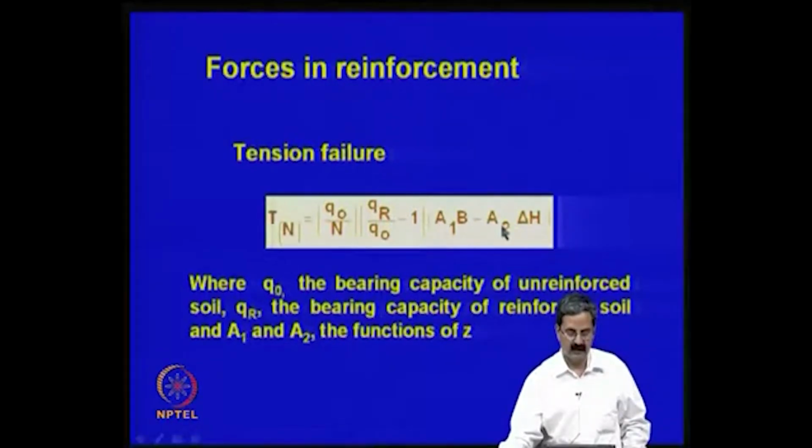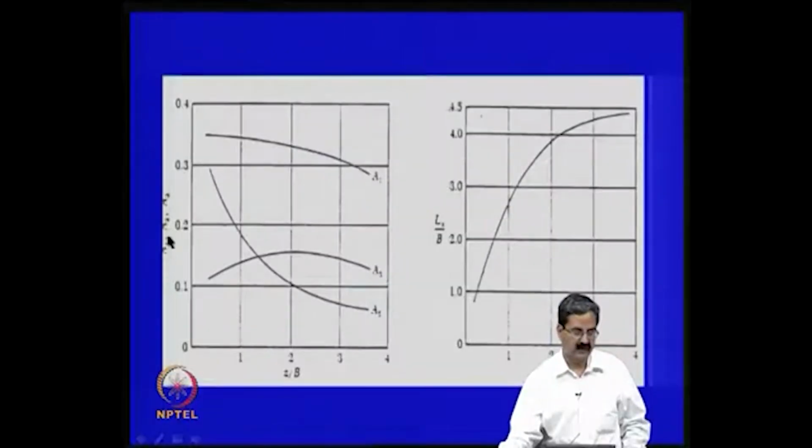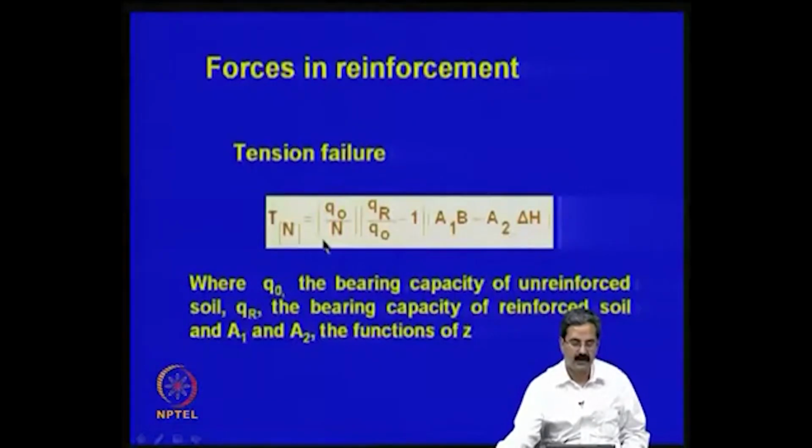Okay, so A1, A2 are the factors that I showed you here; I can get A1, A2 from here, right. There is an A1, A2 here. The A3 factor will also be useful for pull out resistance. So, once you know the required force and the spacing, and if I know A1 and A2, I can calculate the tension.